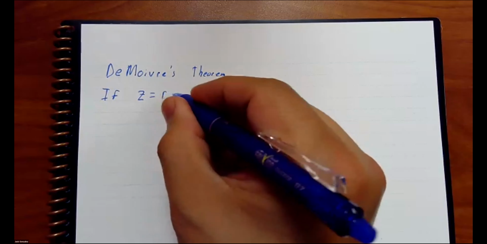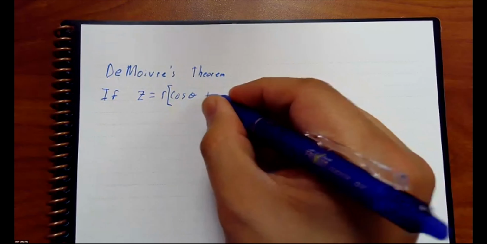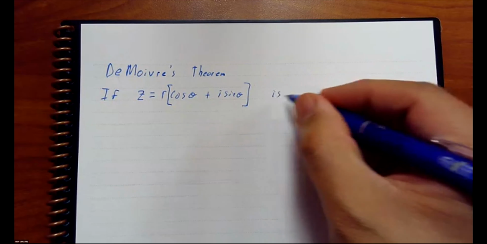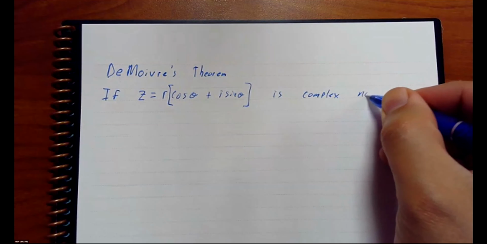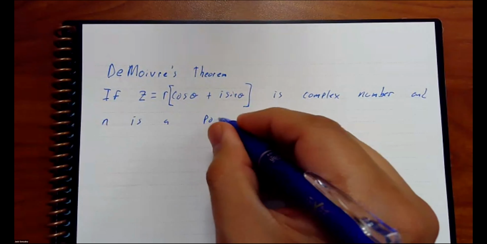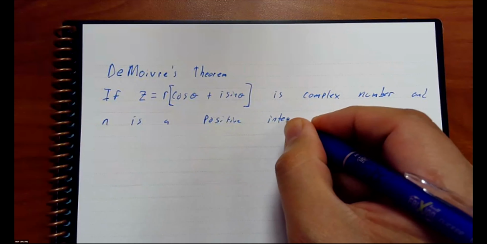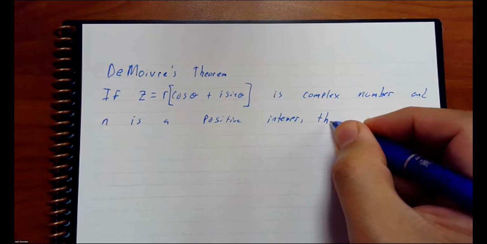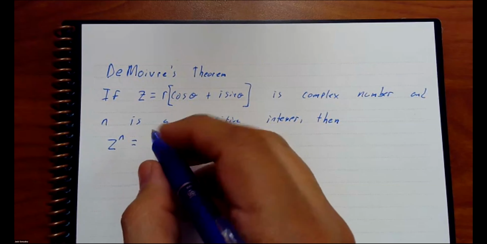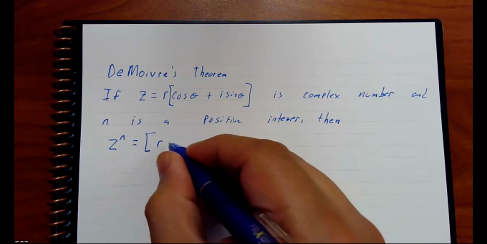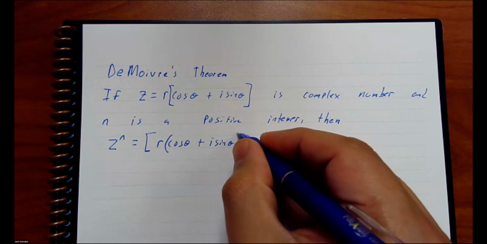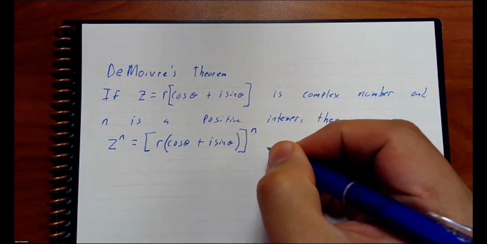So if z is equal to r cosine theta plus i sine theta, if this is a complex number, and n is a positive integer, then z to the n is equal to r cosine theta plus i sine theta to the n.